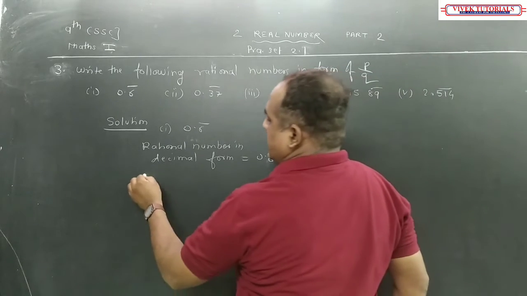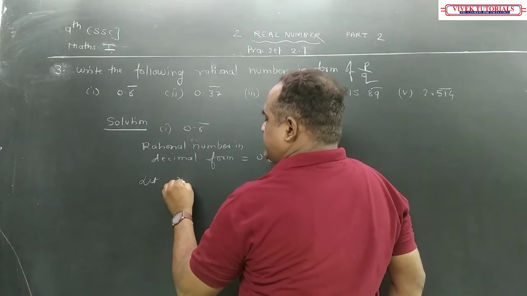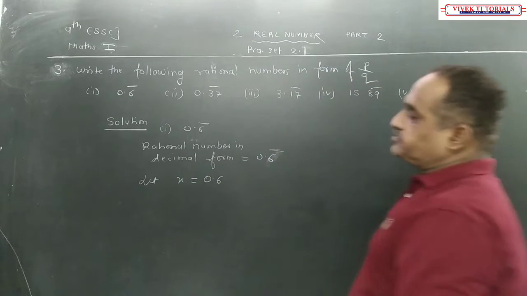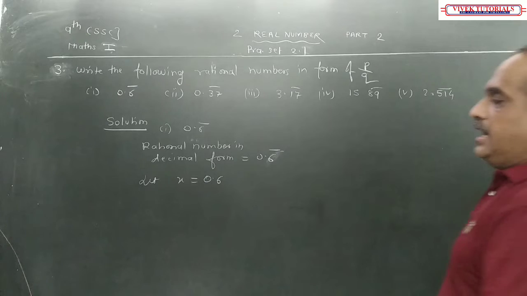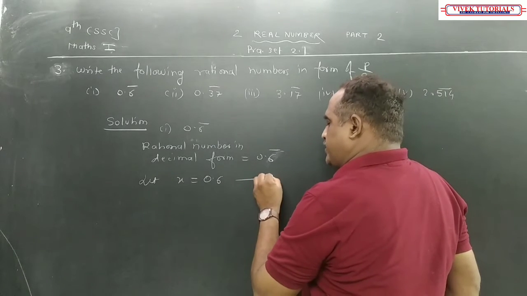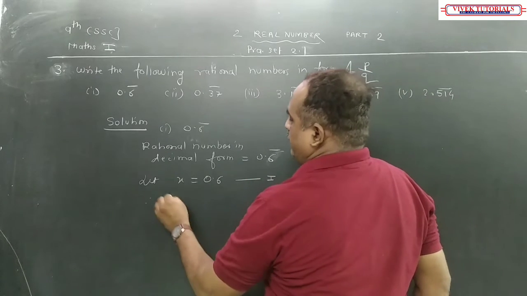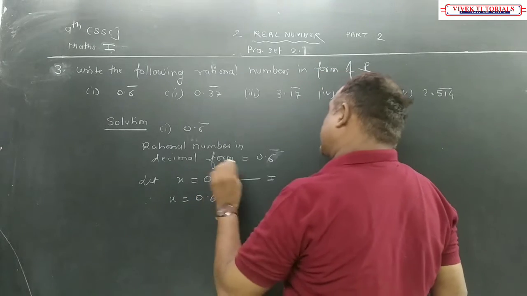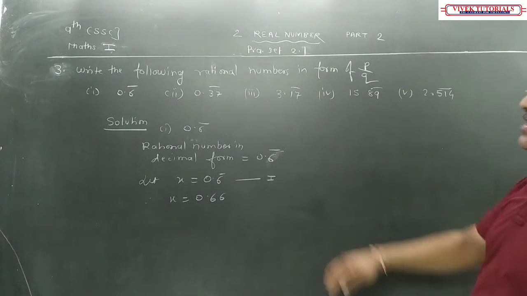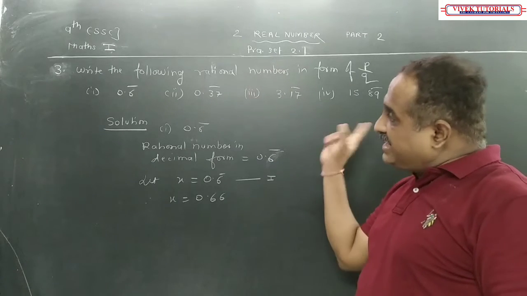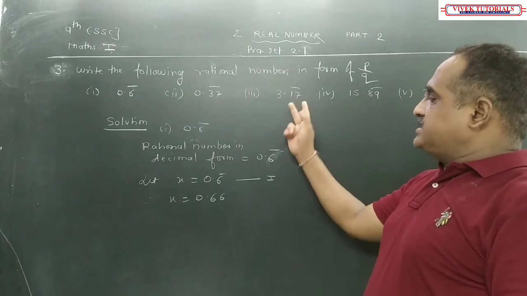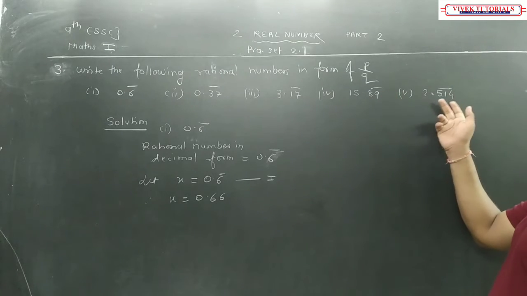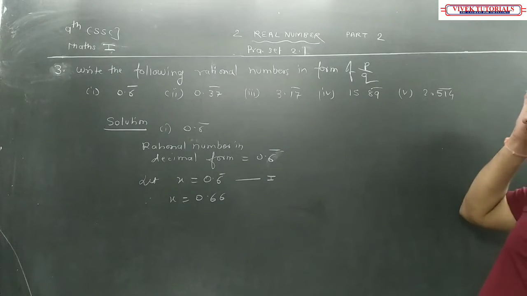What I'm going to do is let x is equal to 0.6. This I will take as equation 1. Therefore, x is equal to 0.66. You are going to take one more term. If it is 37, I'll write 3737. 17, I'll write it twice. 17, 17. 89, 89, 89. 514, I'll write one more 514.